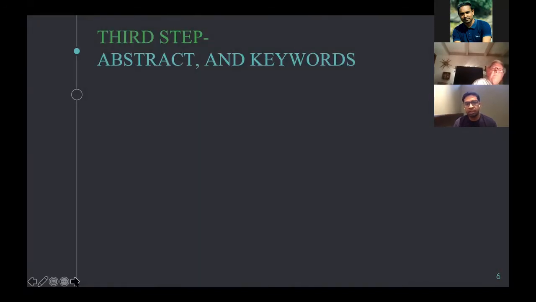Then another very important thing is the abstract and keywords. When you write a review paper, the abstract should be written right at the end, because in the review paper you will have some idea of how you are going to summarize the whole review. That summary will be written in the abstract.